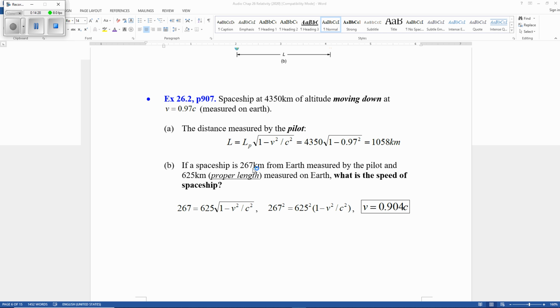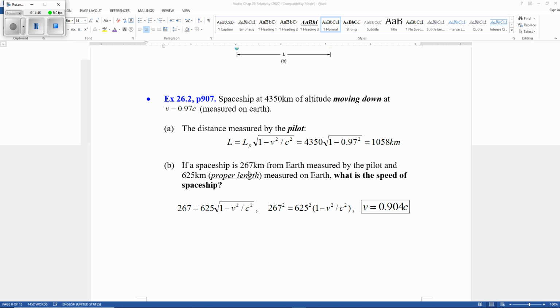Now how fast is the speed of the spaceship? Here's a similar, but different question.